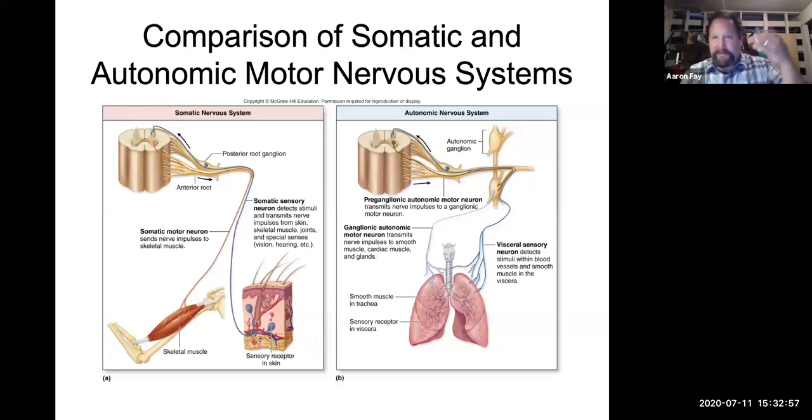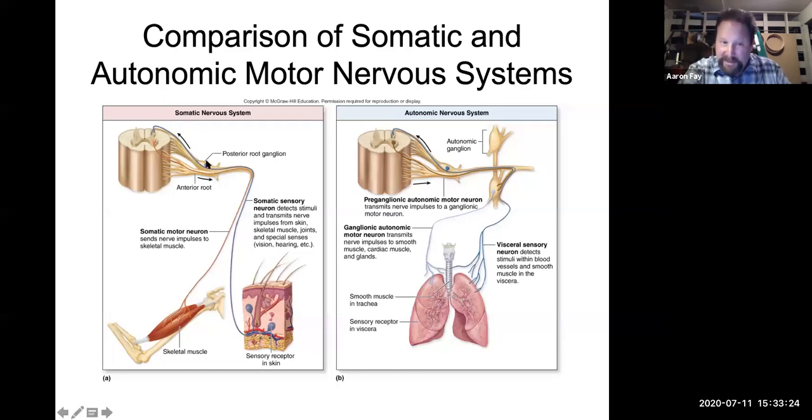Right? It has some interaction with the world, generates an action potential in the dendrite of a somatic sensory neuron. The dendrite of that somatic sensory neuron travels through the wall of the body, travels through a nerve, and you can see it making its way to the anterior ramus, to the spinal nerve, and then it makes its way to the posterior root.